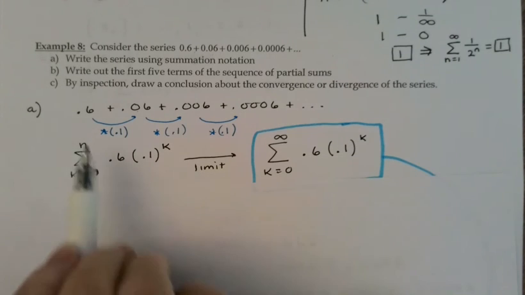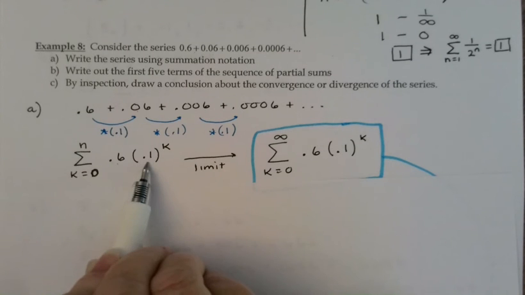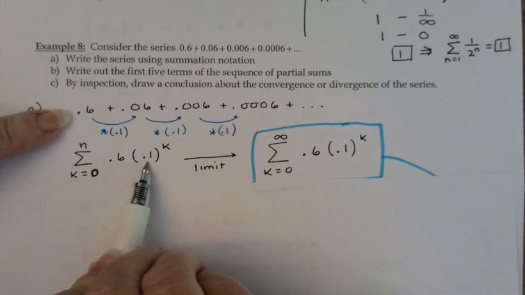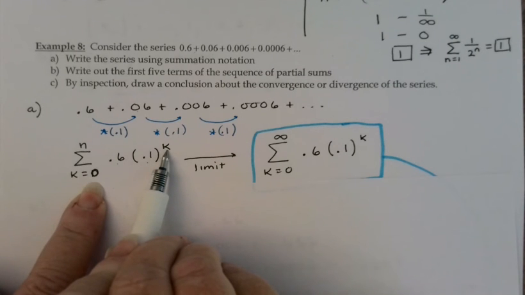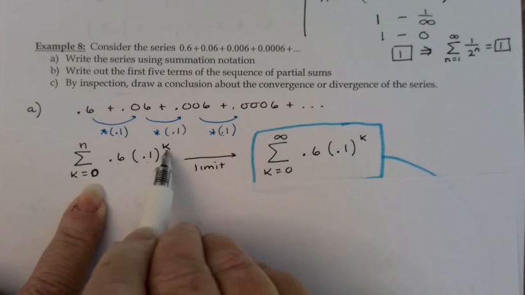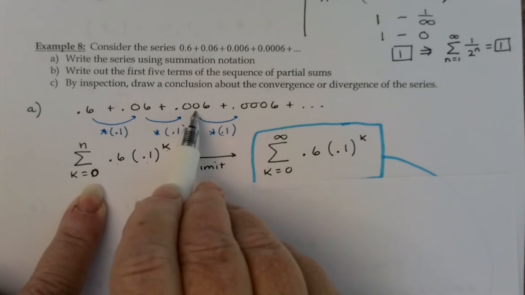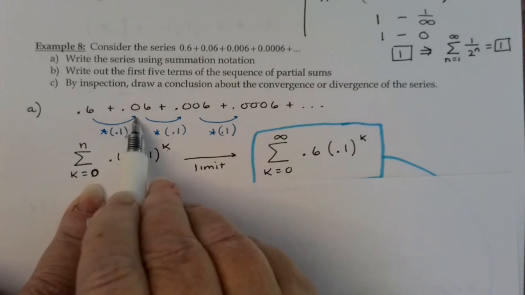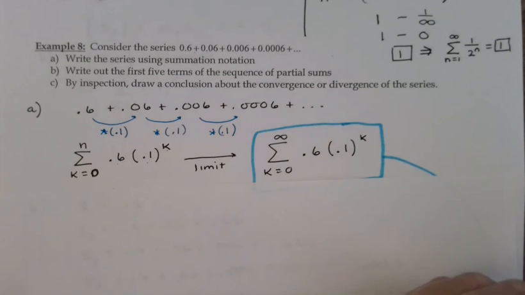Each term, starting with the 0.6, gets multiplied by an extra factor of 0.1. The first 0.6 has 0 factors of 0.1. The second 0.6 I've now multiplied by the first power of 0.1. By the third term, I've multiplied by 2 0.1s, so that would be k equal 2, and so on.